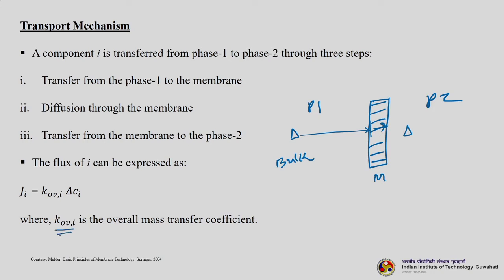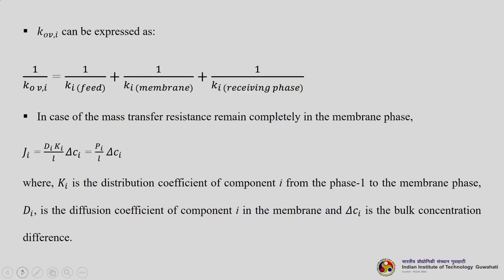Here KOVi is the overall mass transfer coefficient. We have learned this also, but I am repeating it once again for your quick understanding: 1 over KOVi, the overall mass transfer coefficient, can be expressed as a combination of the mass transfer coefficients of three factors, K of feed, K of membrane, and K of the receiving phase, that is the permeate phase.